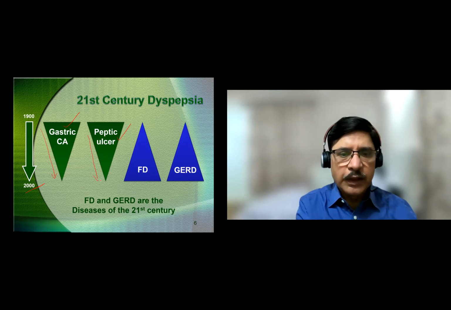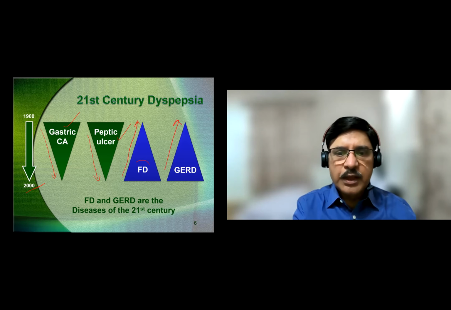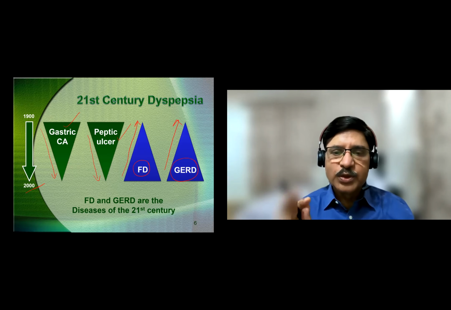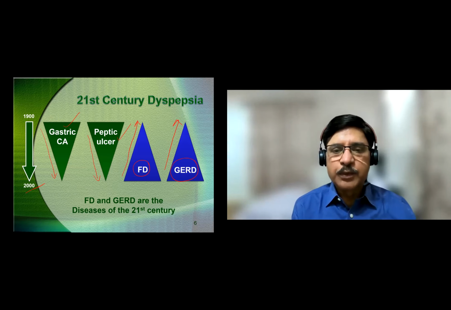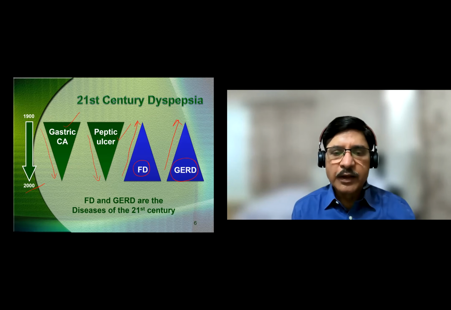There is a very sharp reduction, but that place is taken over by functional dyspepsia and GERD. These two terms, I tell you, were not known when I was a postgraduate or a medical student. We didn't know a term called GERD or functional dyspepsia. And these are the diseases of the 21st century.